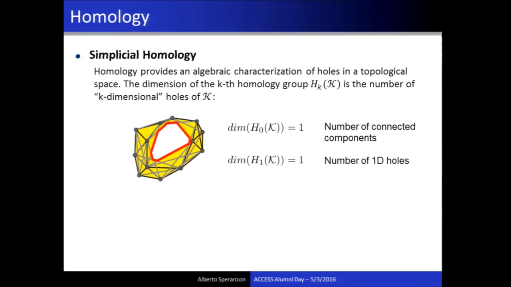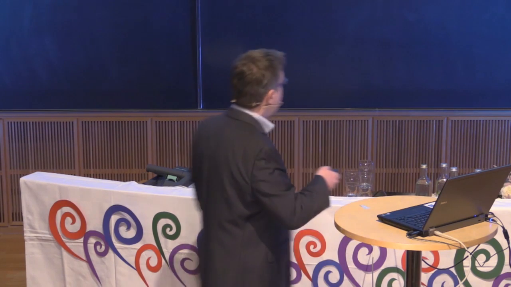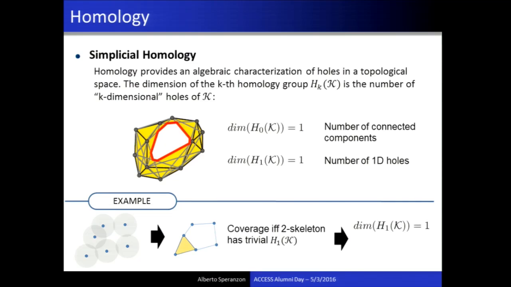And if you keep going, you will have ways to compute volumes, how many empty volumes there are, and higher-dimensional volumes. So if I go back to our example, if I use this as a representation of what this sensor network is doing, then you find that the coverage is satisfied, or you have coverage, if this H1 is trivial, so has zero dimension.